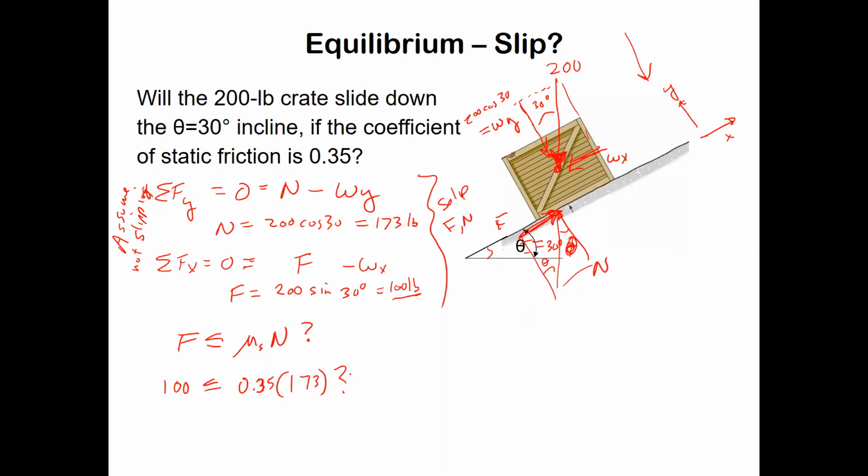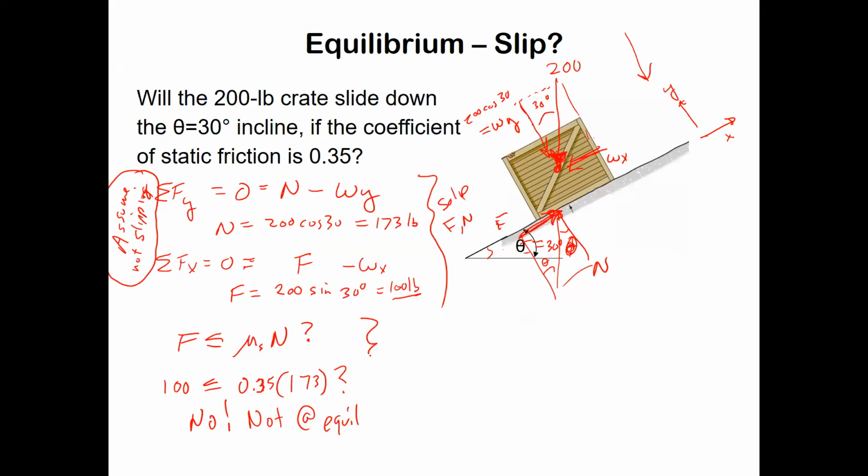Okay. Well, what is the prognosis? No, 100 is not less than 0.35 times N. It's bigger, right? So it is not at equilibrium. Our assumption is not correct. This is the assumption that we made. We assumed that it was at equilibrium, and then we checked our assumptions.